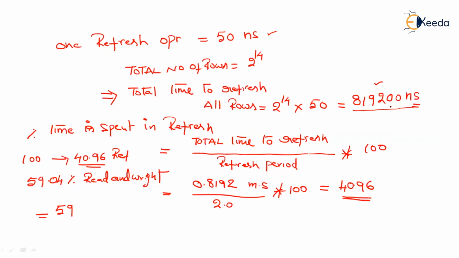The refresh period is 2 milliseconds. If you take this percentage, you will get 40.96%, just for refreshing. The remaining time is available for read and write operations. So 100 minus 40.96 is equal to 59.04. We need to round it off to the nearest decimal point, that is 59.